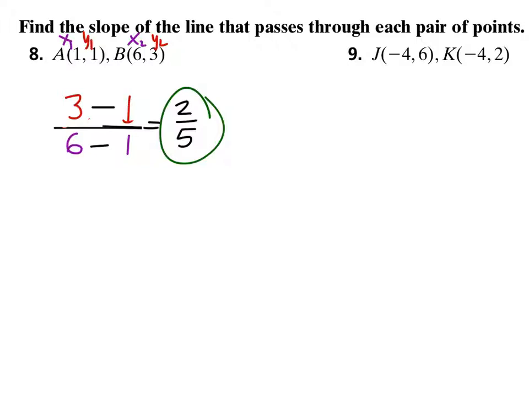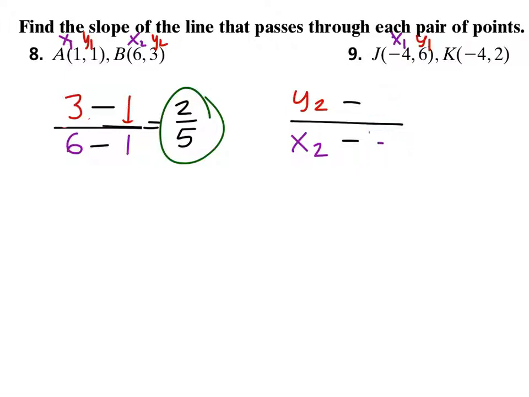For the next 2 points right there, J and K, we're going to do the same thing here. So again, we should be able to label these. We'll say this is x1 here, and y1. So I'm going to go into x1 and y1 in the formula, and just replace those.